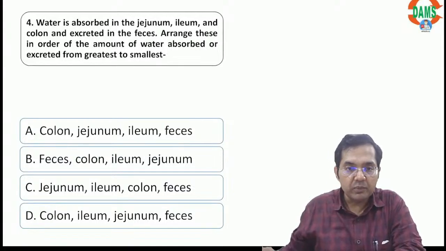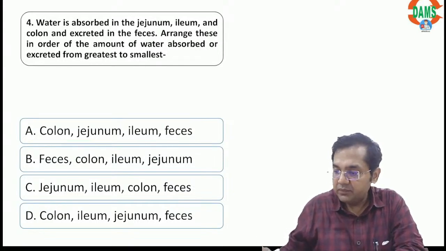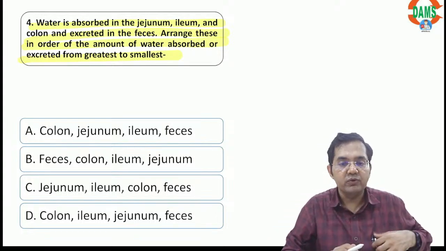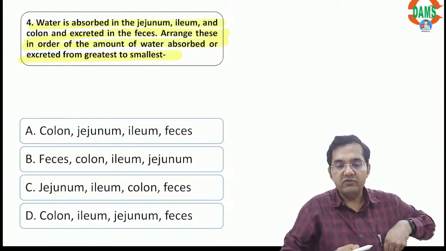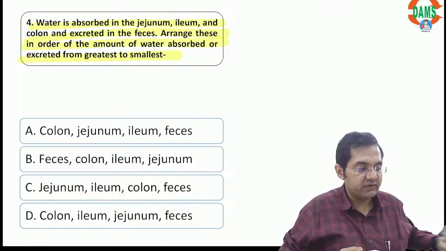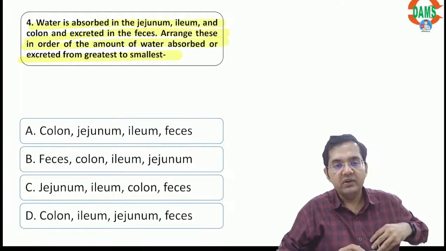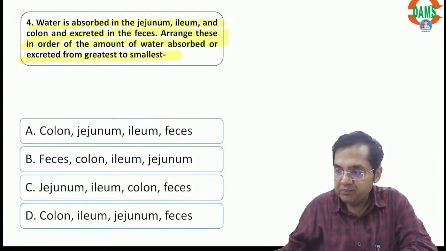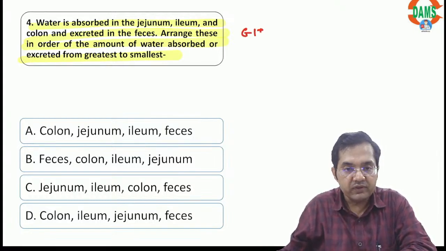Moving on to question number 4. Water is absorbed in the jejunum, ileum, very important question, colon, and excreted in the feces. Arrange them in the order of the amount of water absorbed or excreted from the greatest to smallest. What should be the order? Remember, generally we say that the water has two sources.